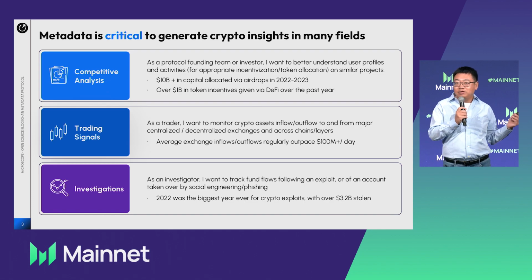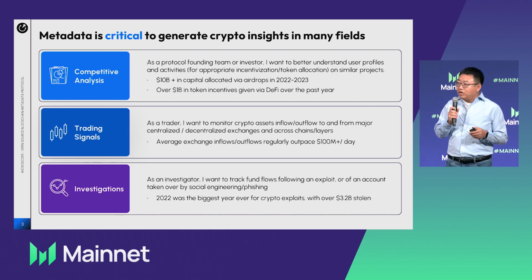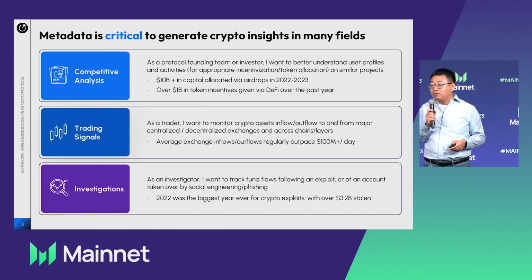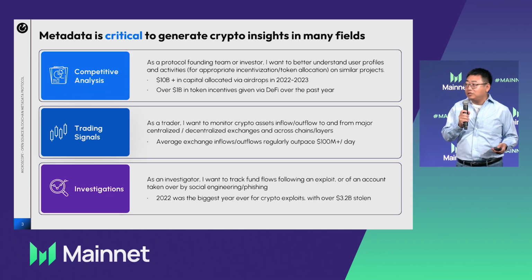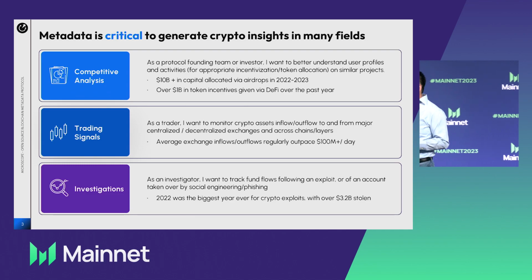So you might want to come up with a signal: is there a way I can monitor, for all the major exchanges, the inflows and outflows for the different crypto assets? In order to do that, you need a good idea, given an address, whether it belongs to any certain exchange.